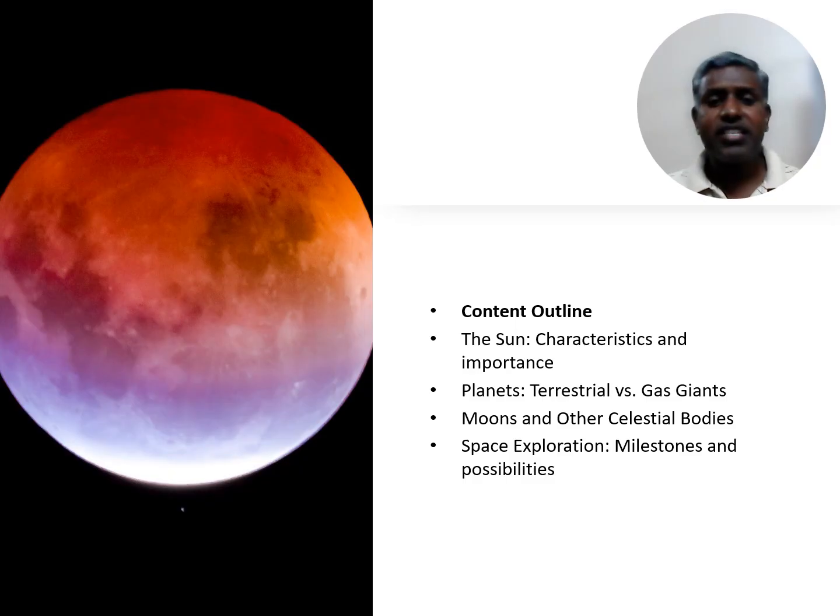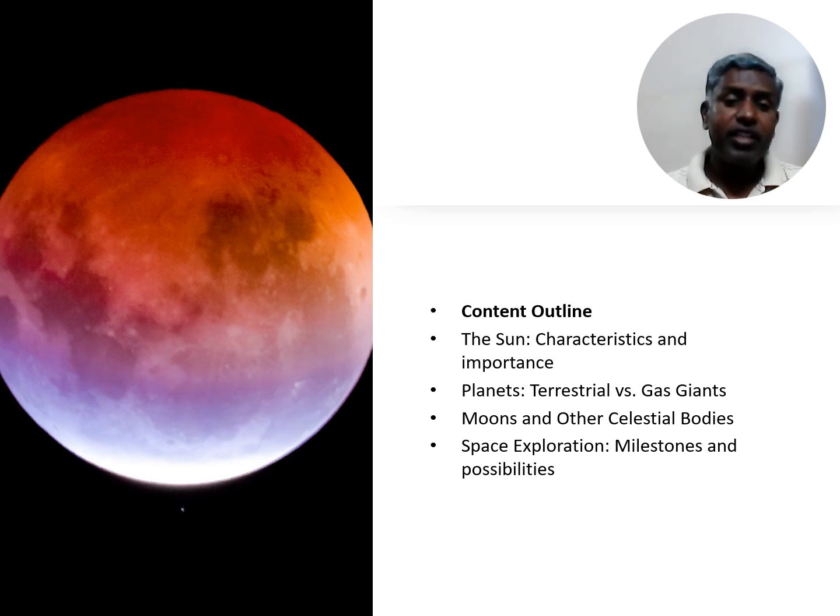So with this, I have to give a content outline of the importance of the content. For example, if I want to give the sun, I used to give characteristics and importance of the sun. Why is it important? What is the role of that? What are all the characteristics to be considered to get knowledge of the sun, etc. Then planets.